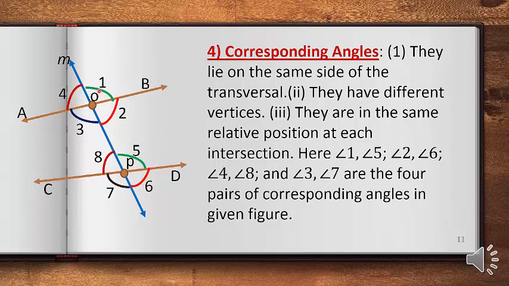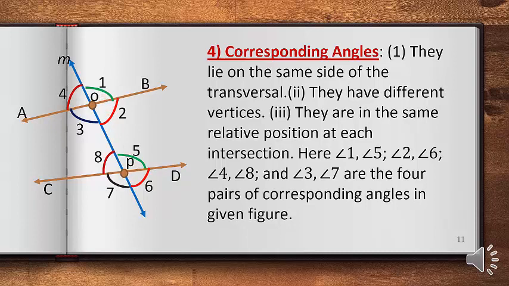Angle 1 has vertex O, angle 5 has vertex P. And also here you see angle 1 is an exterior angle and angle 5 is an interior angle. So they are in a relative position and we say such type of angles are corresponding angles.